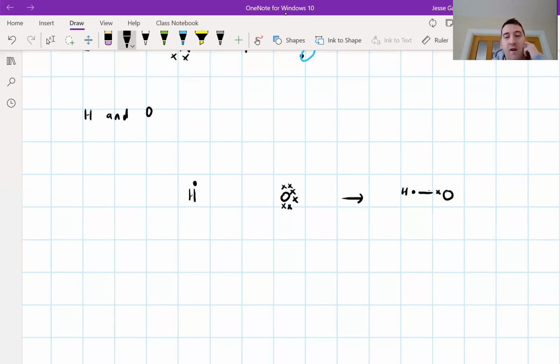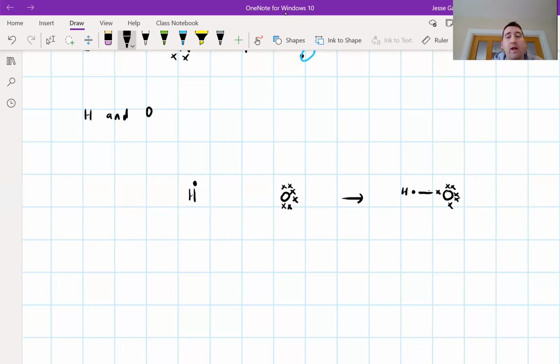Now the oxygen has 5 other electrons of its own, like this, 1, 2, 3, 4, 5. And that gives the oxygen a total share of 7 electrons, which is not good enough. Now, it can't share another electron with the hydrogen because the hydrogen doesn't have another electron. It only had 1.